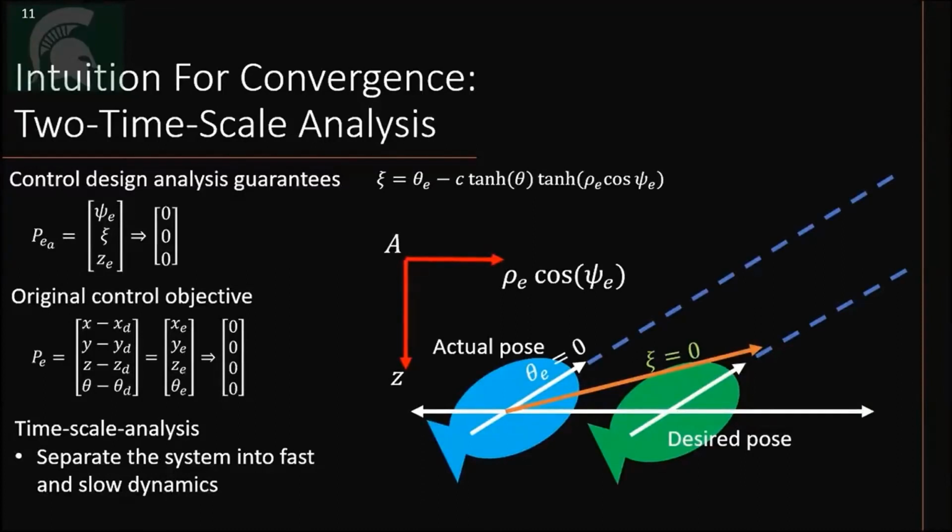However, xi equals zero would give us this expression for the pitch angle, which in essence perturbs the pitch angle slightly from the desired pitch angle, so that the actual position and orientation of the robot will slowly catch up to the desired position and orientation as they ascend at the same rate.